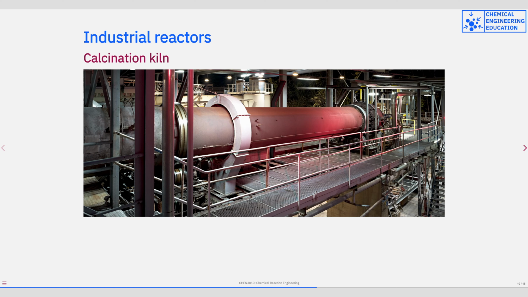This is an image of a calcination kiln, an industrial reactor used to process raw materials at high temperatures. This type of kiln is integral to production of cement, lime, and various other materials that require high temperature treatment to alter their physical or chemical properties before further processing.